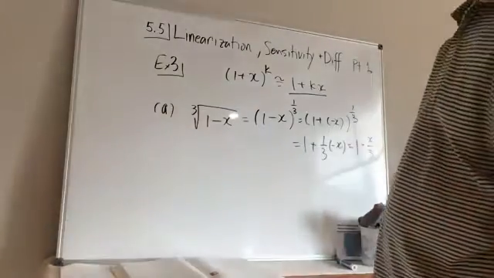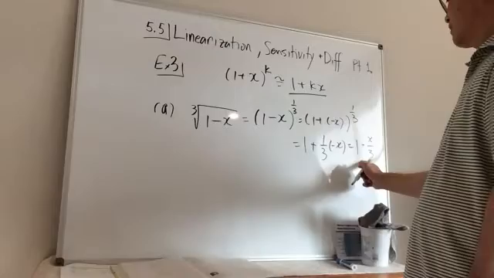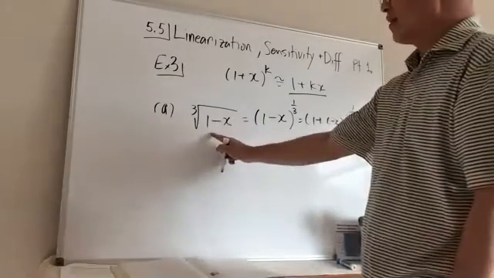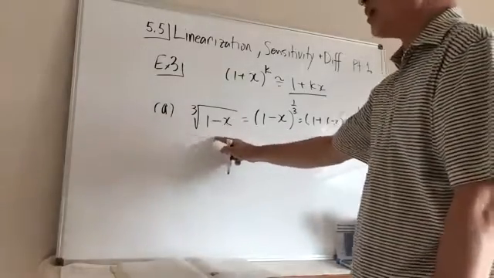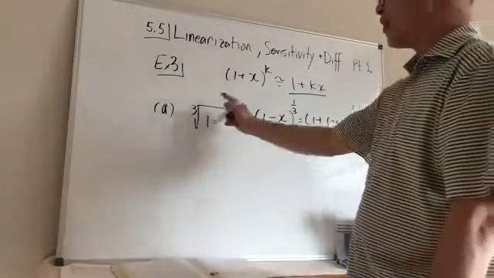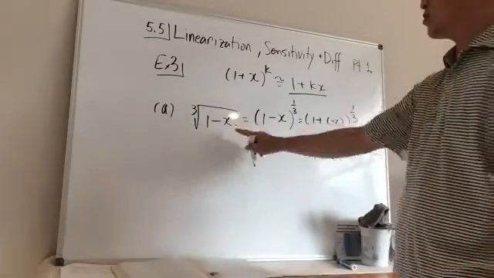So as you can see, you would much rather use this guy than this guy, right? You see how this is not so good looking, whereas this is nice and neat, right? In other words, you got rid of the cube root.